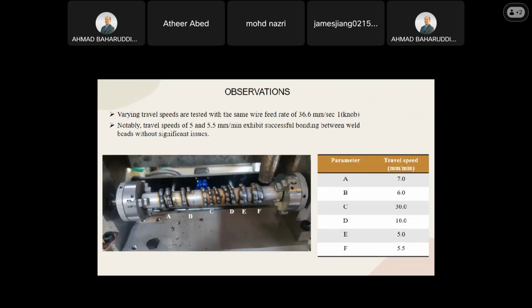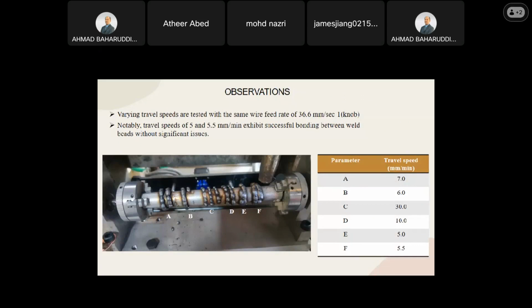Okay, so this is the trial session that I've made with some parameters I've told you guys before. I have to keep the deposition rate constant at 1 knob, and then I made it 2 knob. The 2 knob results haven't been completed, so I didn't attach them in the slide. So this is the first knob.